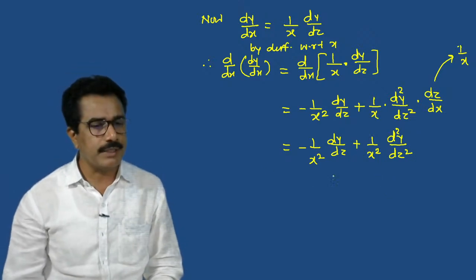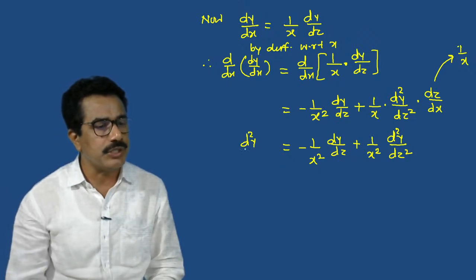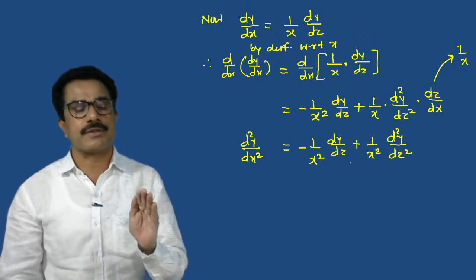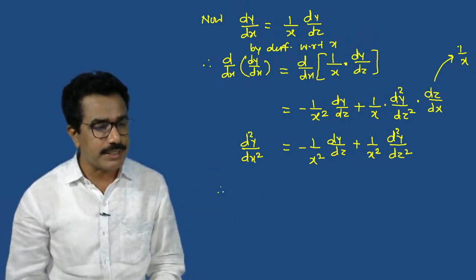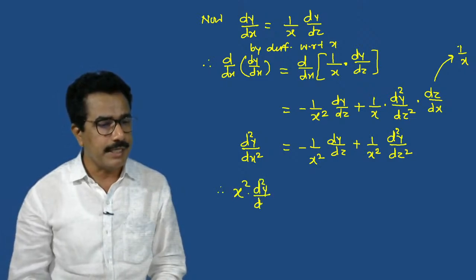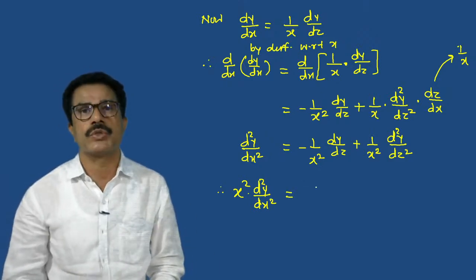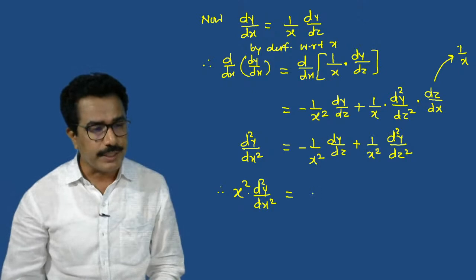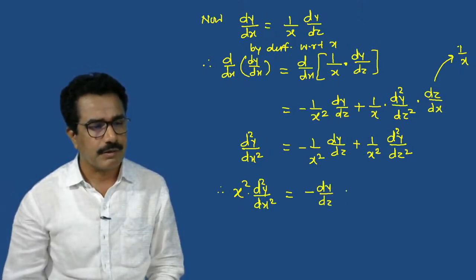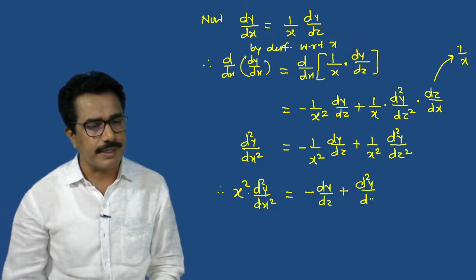Okay, understood, students? Now take 1 upon x square common, so this can be written as d2y by dx square. We can take 1 upon x square common and move it towards the left side, that is x square into d2y by dx square, which is equal to, see this, we can write minus dy by dz plus d2y by dz square.